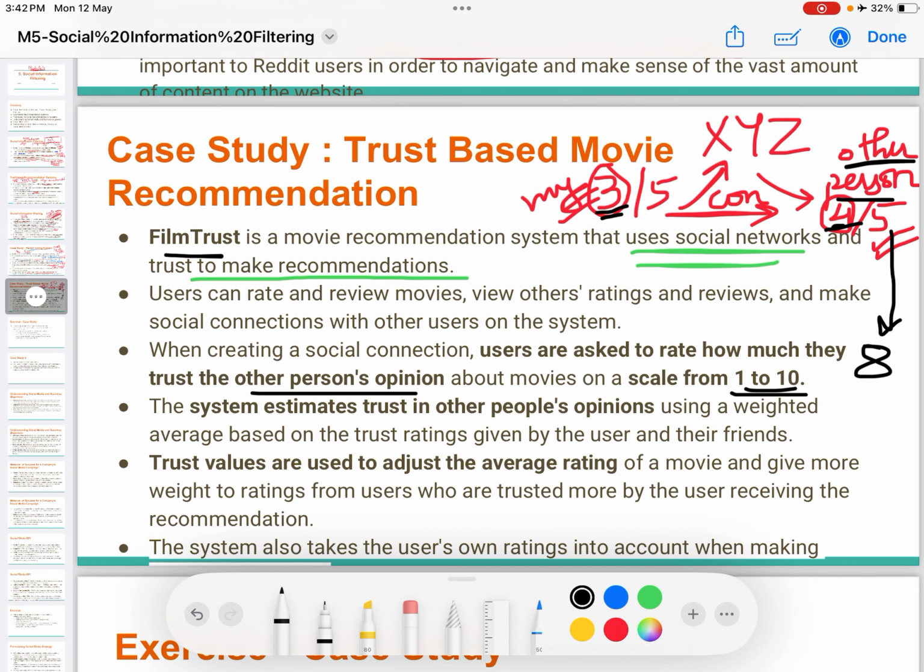So based on my rating, the system will understand how much trust I have in that person as far as opinions about movies are concerned. Trust values are used to adjust the average rating of a movie and give more weight to ratings from the users who are trusted more by the users receiving the recommendation.